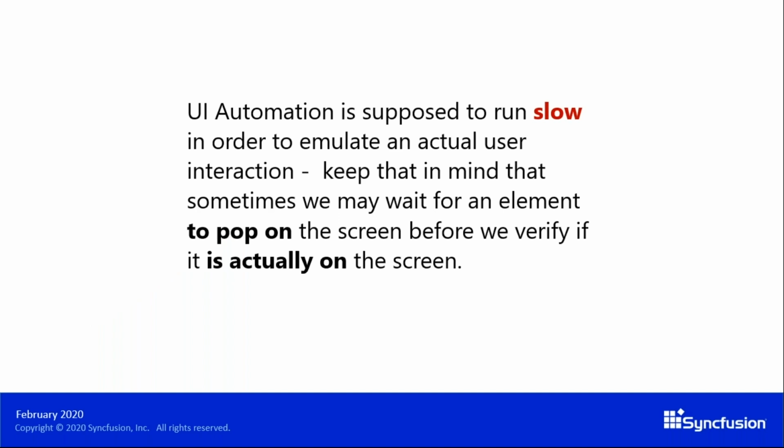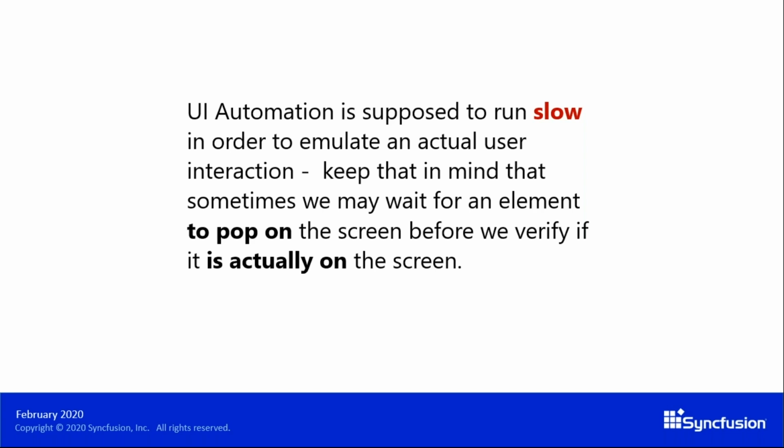With UI automation, it's very important that you understand that it's supposed to run very slow. And also it's trying to emulate an actual user. So every time you do something, it's something that a person would ideally perform on your application. So in some cases, you might use a mock server in order to mock interactions.